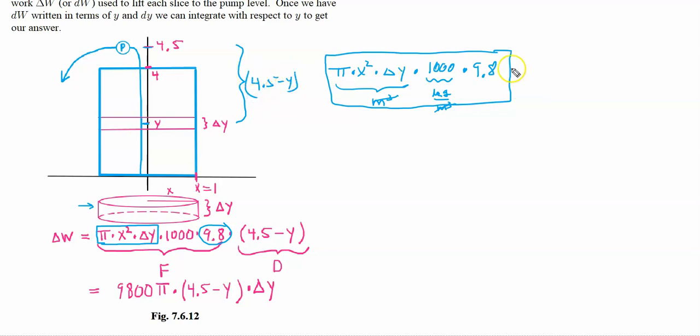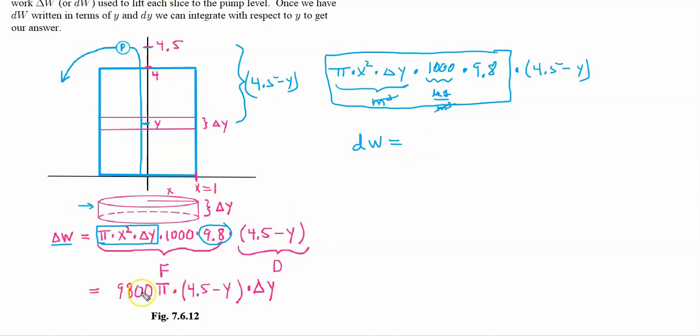If we multiply this by 4.5 minus y, that is how much work it will take to lift this slice of water up to the level of the pump, and then it just drains out the side. We will call that delta W. If we think of taking really, really thin slices, the delta W turns into a dW.